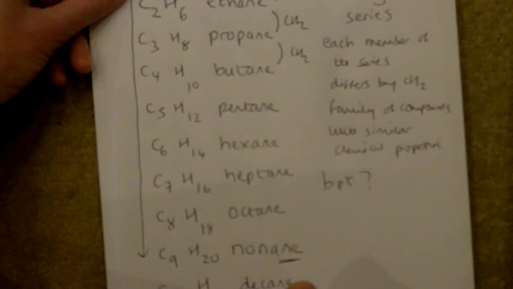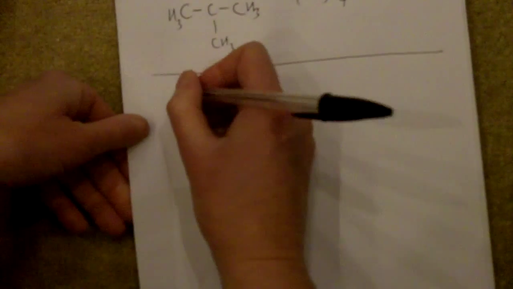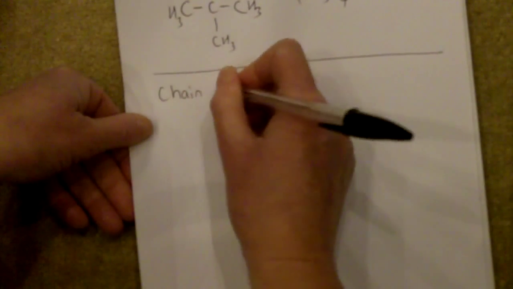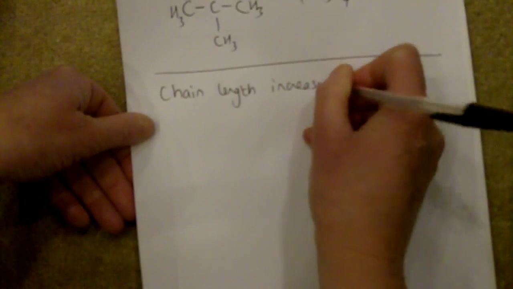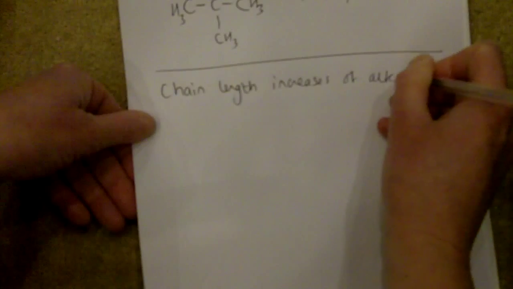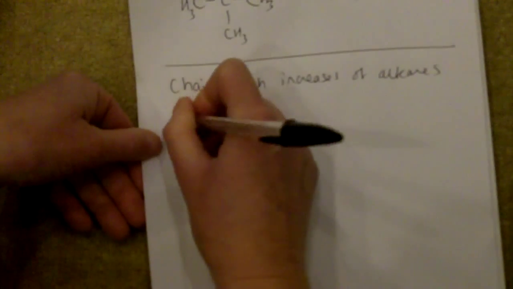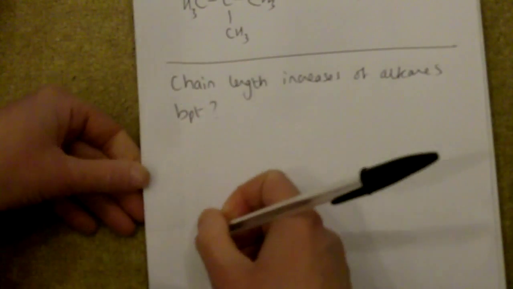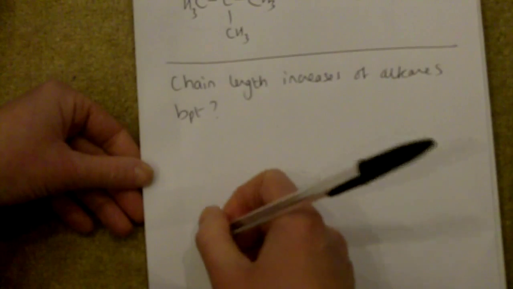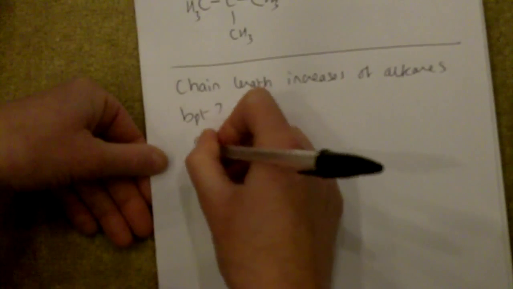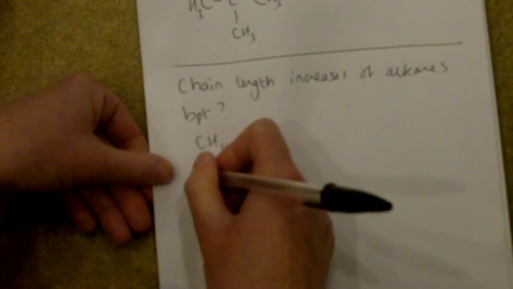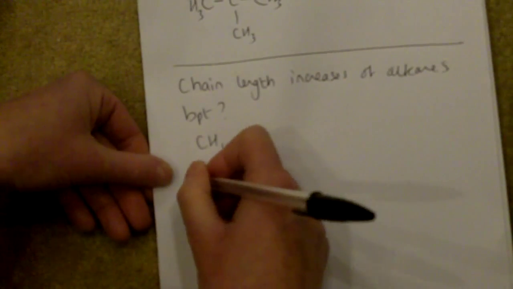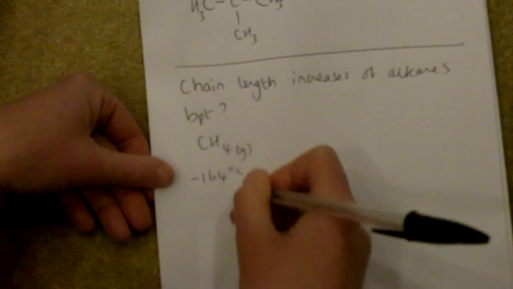So the question is, as the chain length of alkanes increases, what happens to the boiling point? Here I'm going to give you some examples. Methane is a gas, and it has a boiling point of minus 164 degrees.